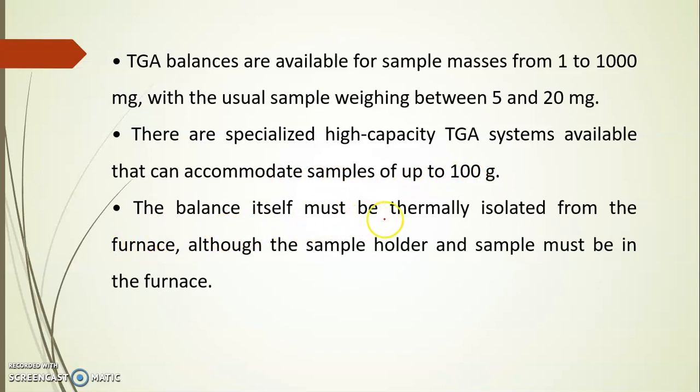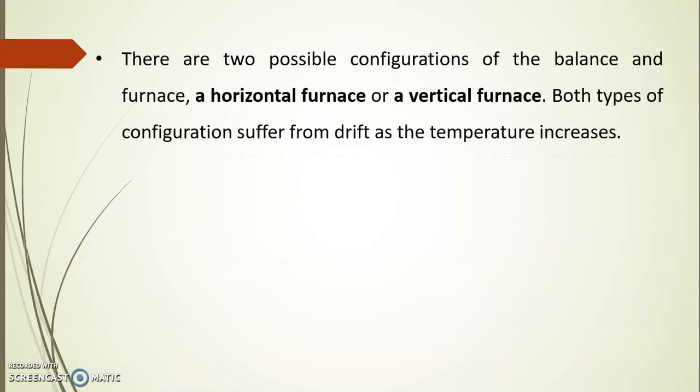The balance itself must be thermally isolated from the furnace, although the sample holder and sample must be in the furnace. There are two possible configurations of the balance and furnace, a horizontal furnace or a vertical furnace.